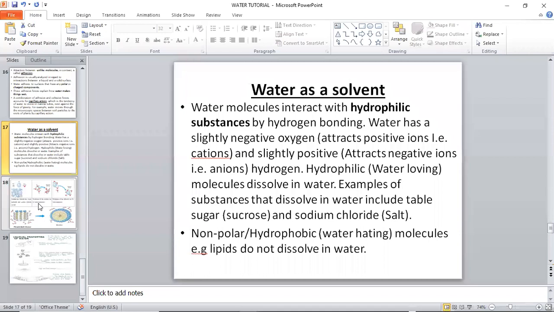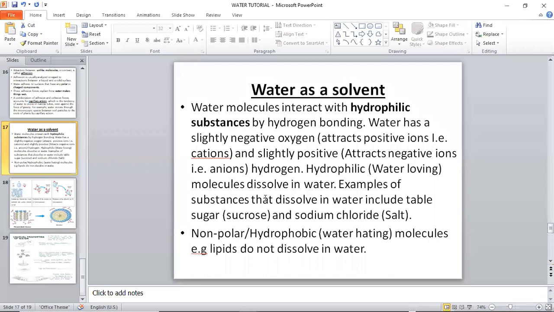Because water has a slightly negative charged oxygen, as we have looked at, and a slightly positive hydrogen. The slightly negative oxygen will attract positive ions or the cations, and the slightly positive hydrogen will attract the anions or the negative charged ions.